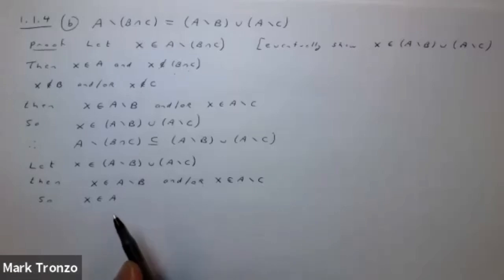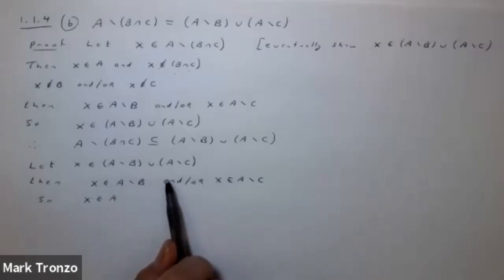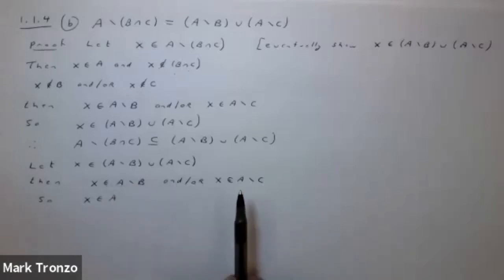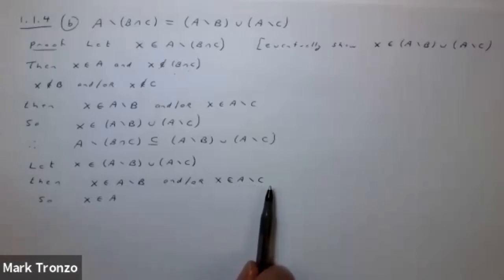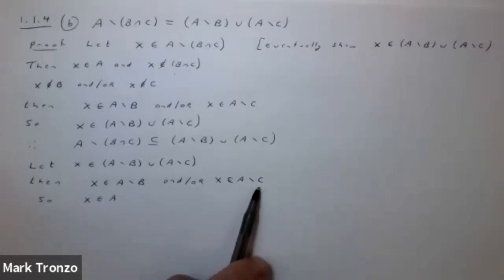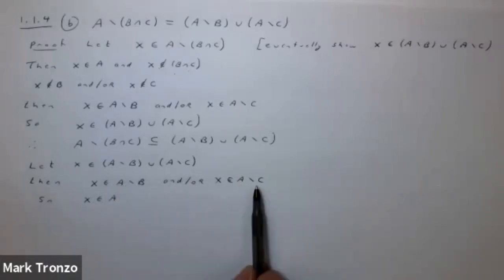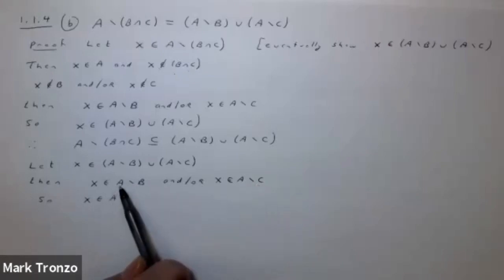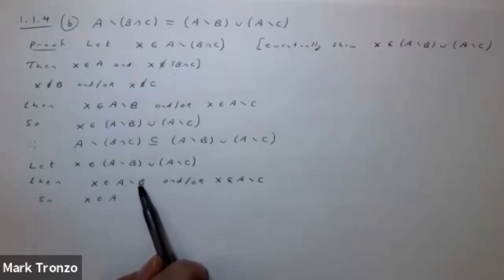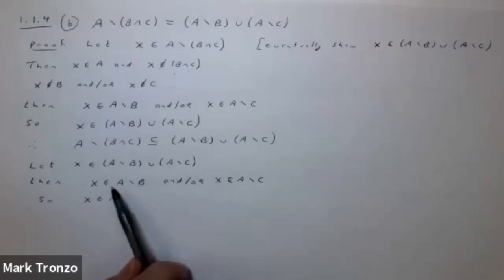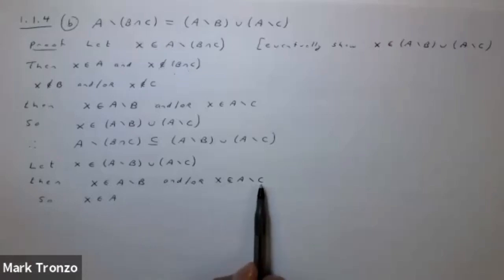Because if it's in A complement B and or A complement C, it can't be taken away from both of these sets. For example, if it happened to be in A, then if it's taken away by B, that's okay. But it cannot also be taken away by C.